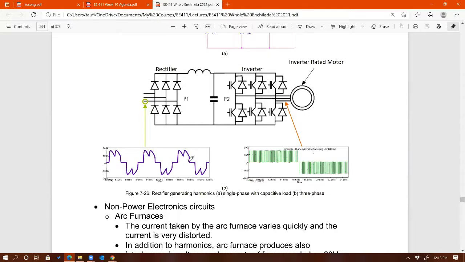This is actually a cleaner version of the current. When you have big capacitors sitting in the middle of the two stages, the current will be even worse than that. It will look something like this. And that has to do with these diodes waiting for the cathode to be less than the anode.